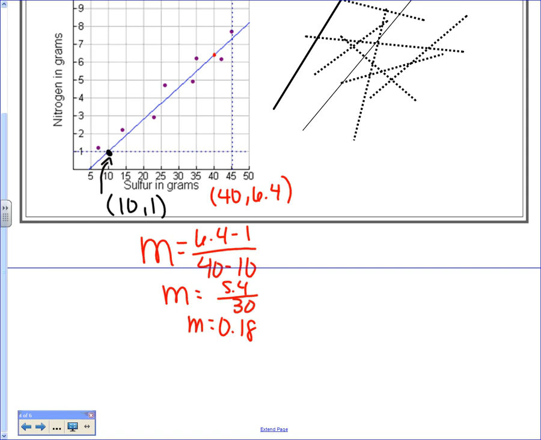Okay, when I'm finding my B, which point should I use? What would you get for your B? Oh wait, whoops.